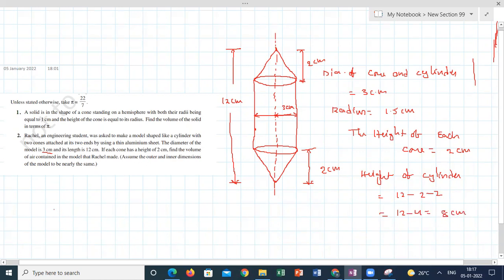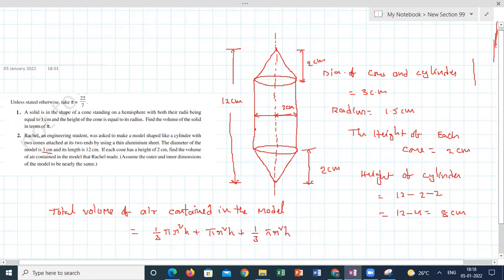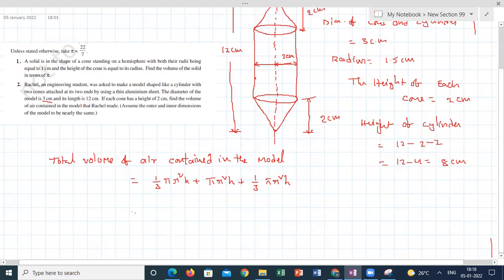Now we have all the data. Total volume of air contained in the model is equal to 1/3 pi r square h for the top cone, plus pi r square h for the cylinder volume, plus the bottom cone 1/3 pi r square h.